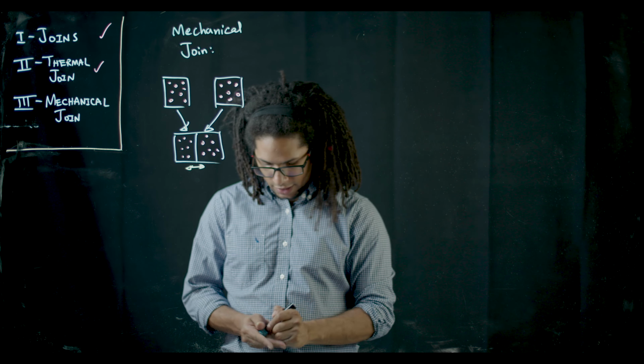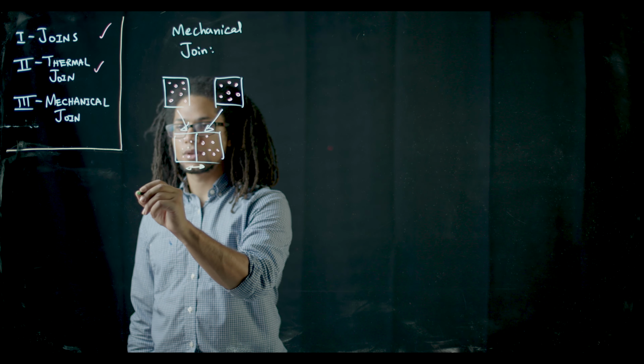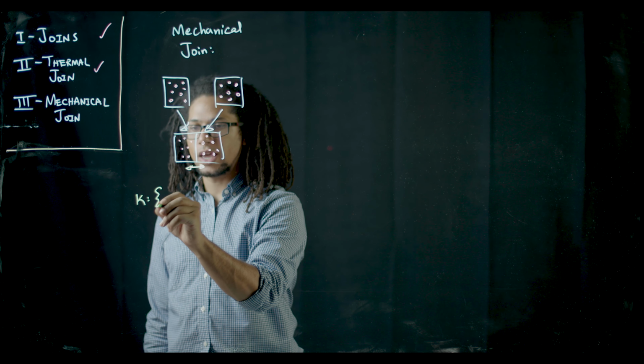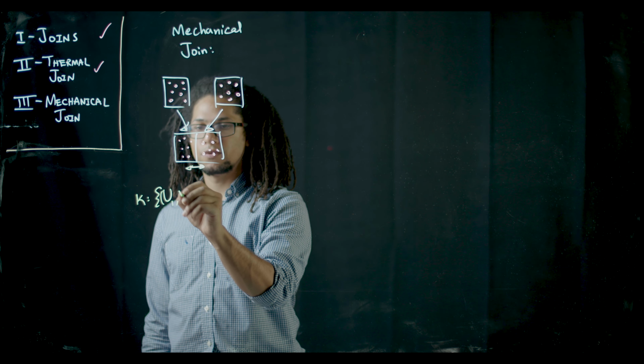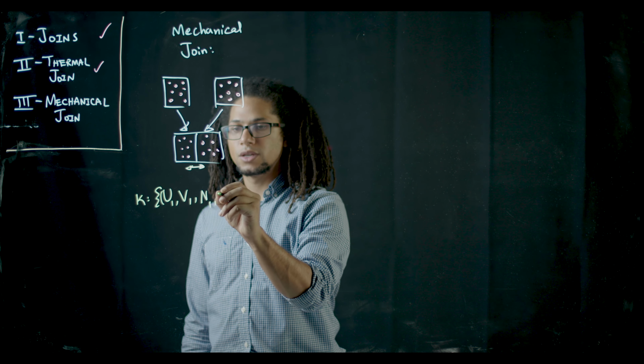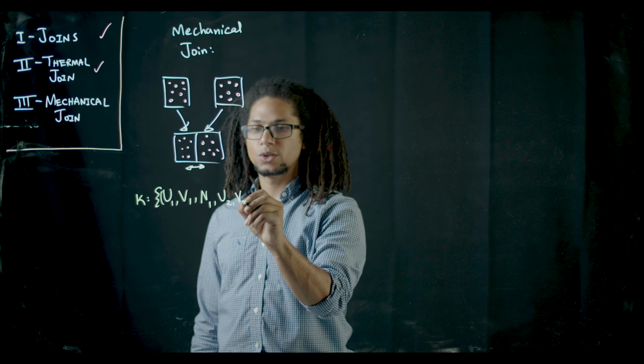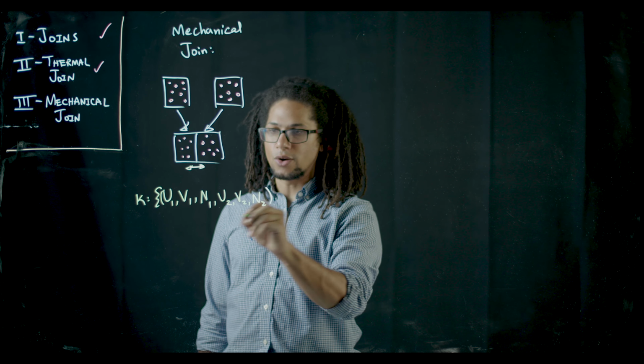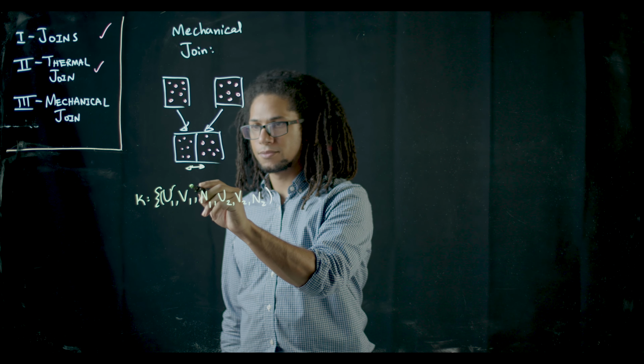So kappa, in this case, will again be the set of U1, V1, N1, U2, V2, N2, and all of those should have been primed. Sorry about that.